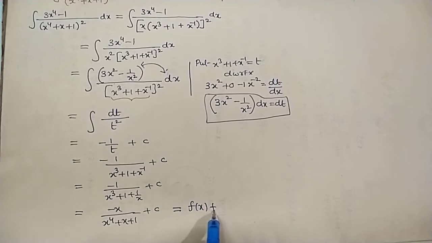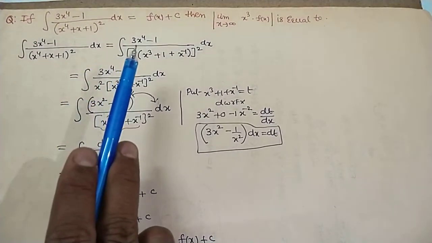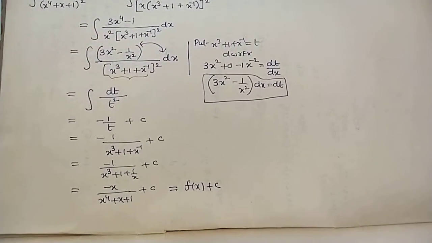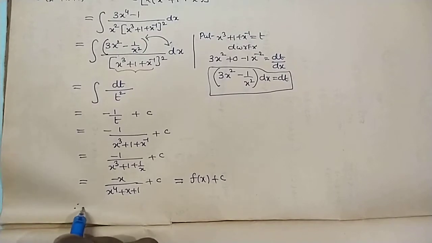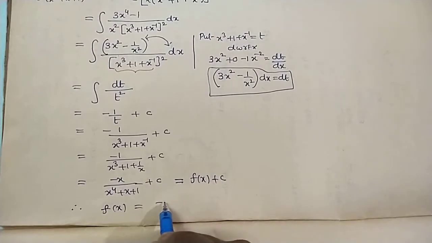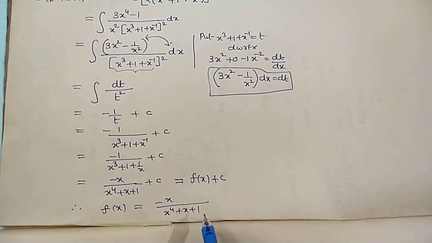Now it is given in that question, see that this value is equal to f of x plus c. So we have to compare this value with f of x plus c. Therefore f of x is equal to minus x by (x power 4 plus x plus 1).